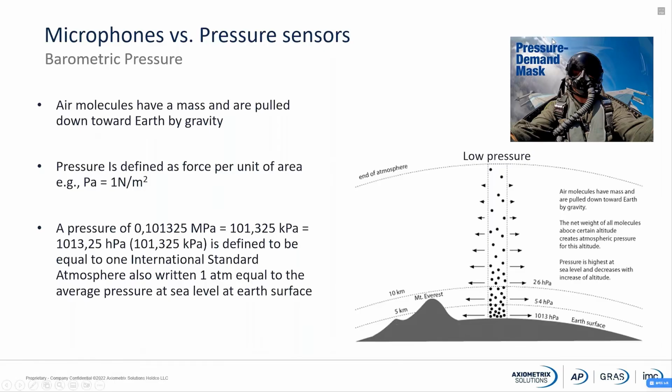He's having a pressure demand mask, which means that he can actually get oxygen in an easier way up here where it is low pressure and not so many air molecules. So this is how it works, and as I said, 1 atmosphere, that is the barometric pressure at the surface of the Earth.